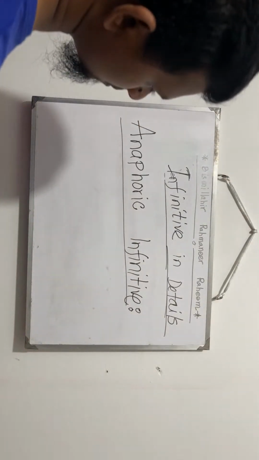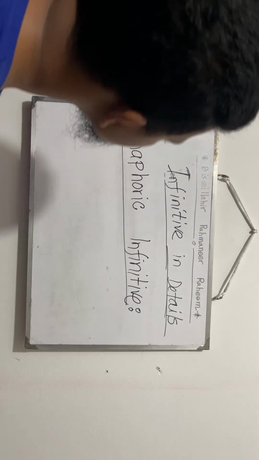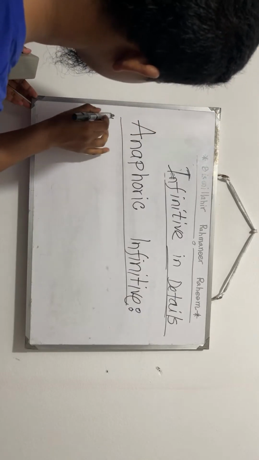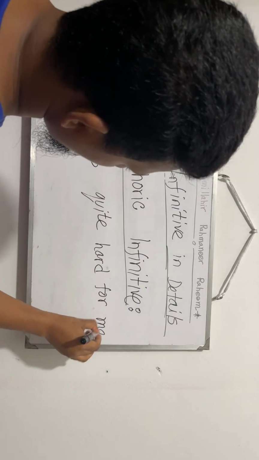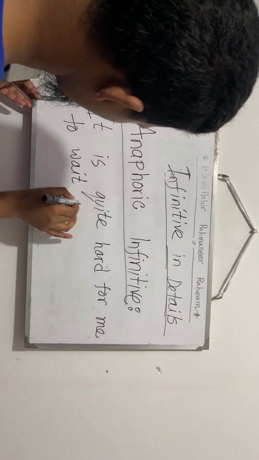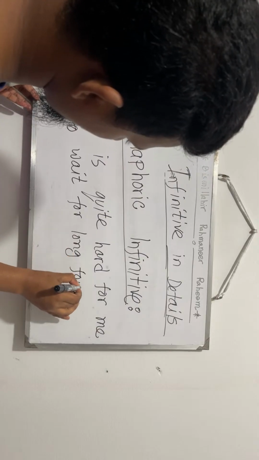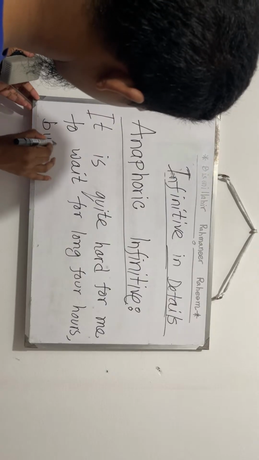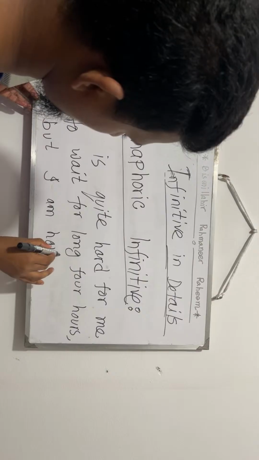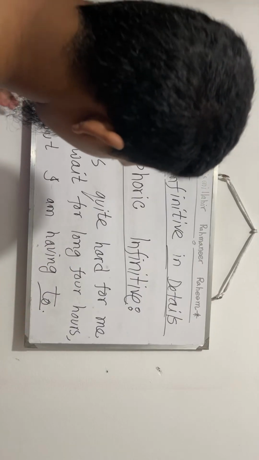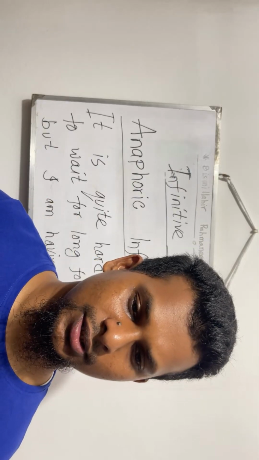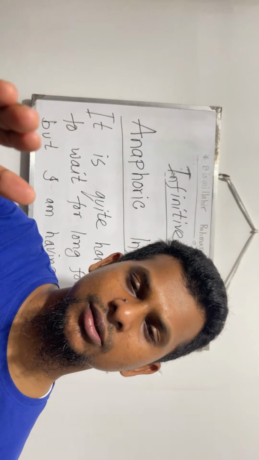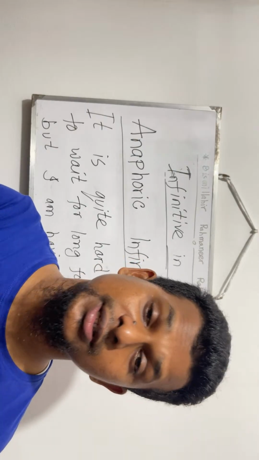Anaphoric infinitive is that kind of infinitive which prevents the repetition of the previous verb or previous thing which is previously stated or spoken.